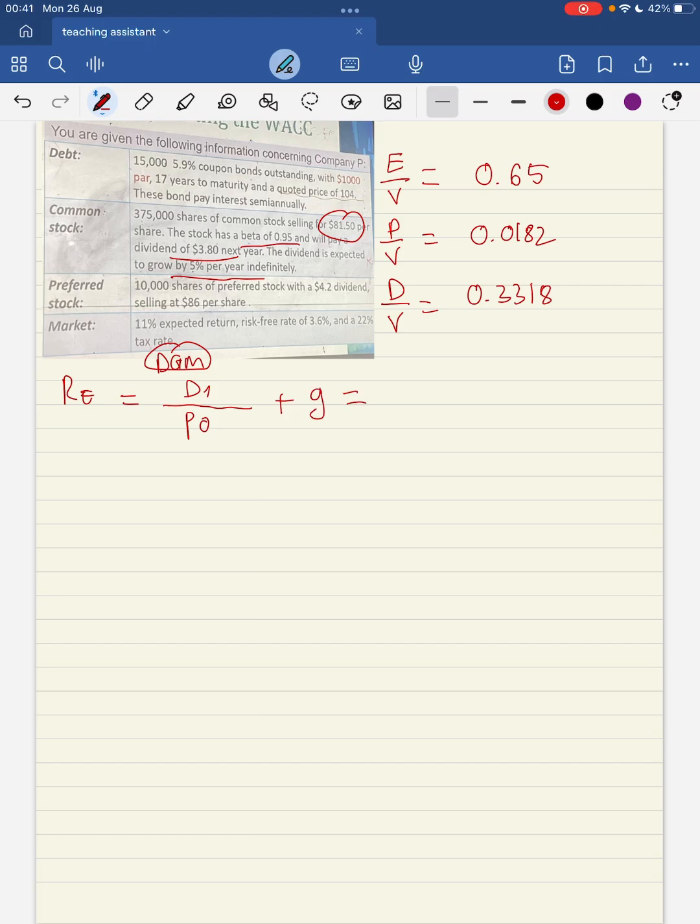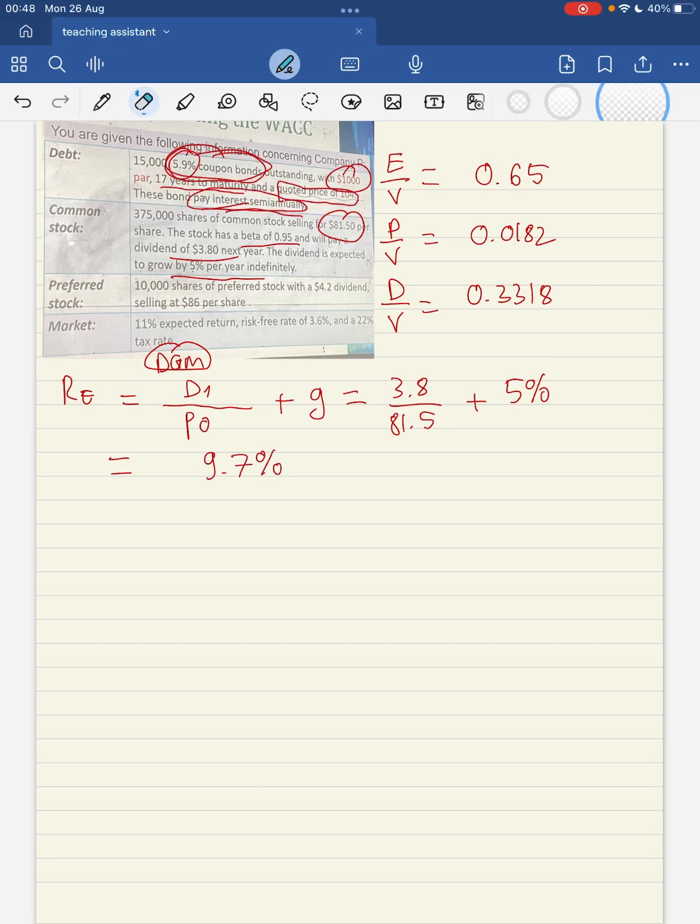So we will have the formula, and we will compute it. It gives an answer of 9.7%. There we go.